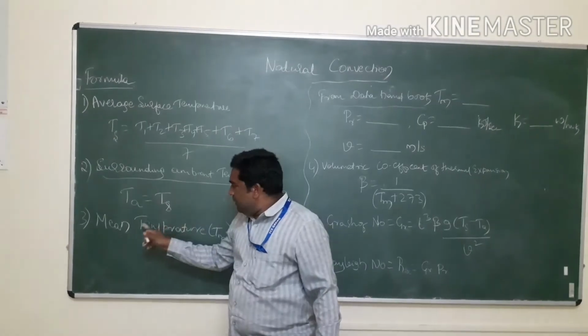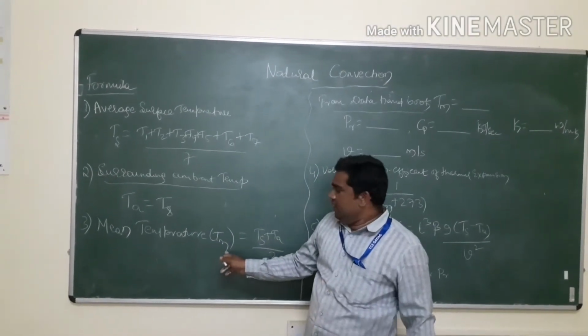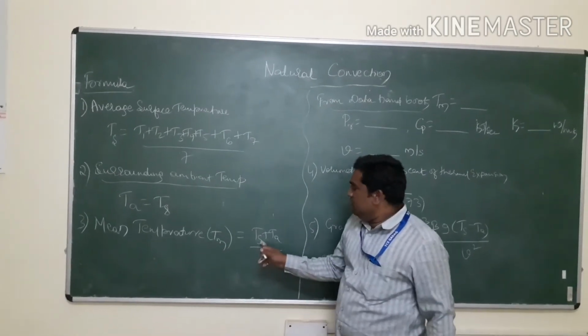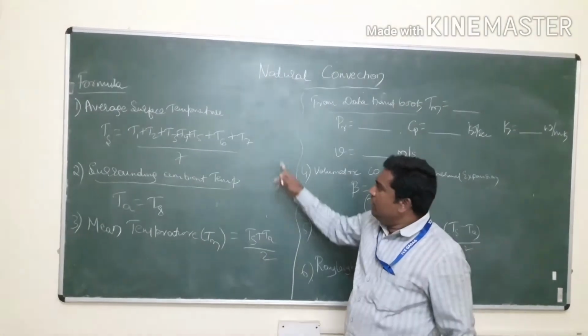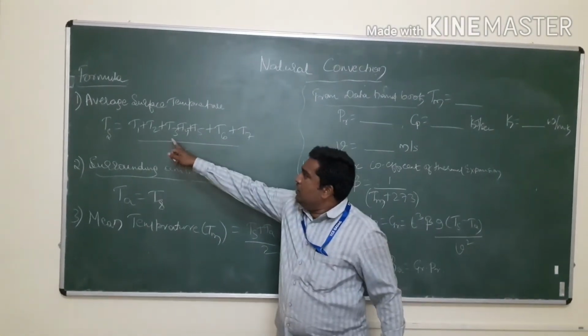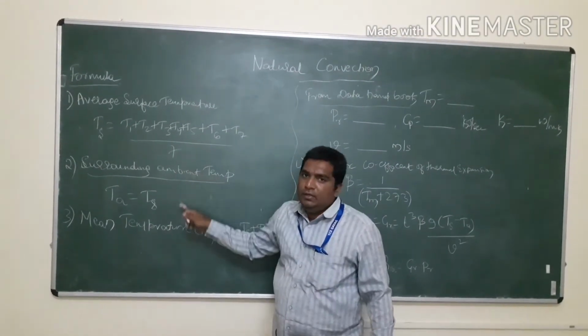By using Ts and Ta, we can find the mean temperature, denoted by Tm. Tm is equal to Ts plus Ta divided by 2. All this data is available in the tabular column, and Ta is also available there.